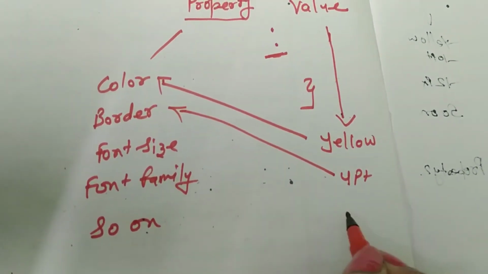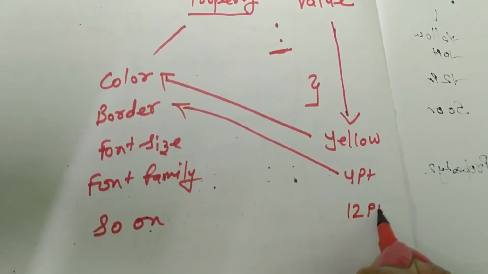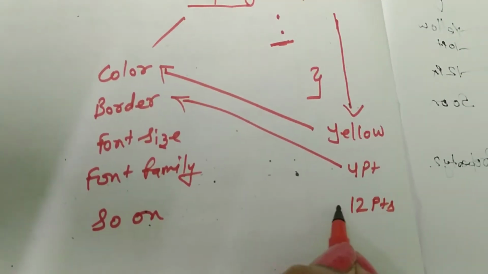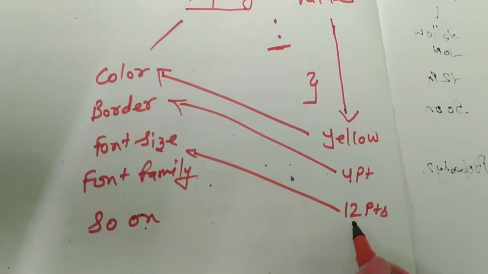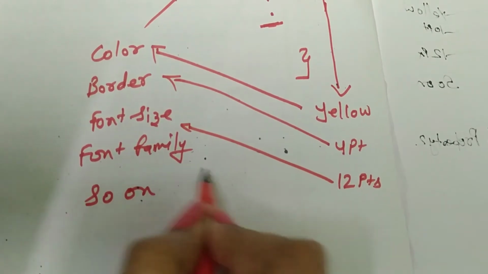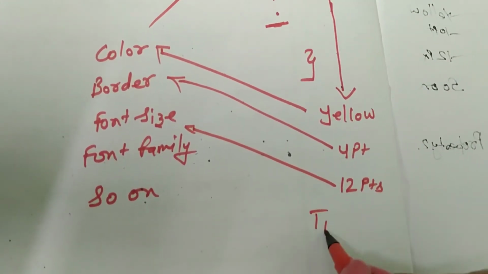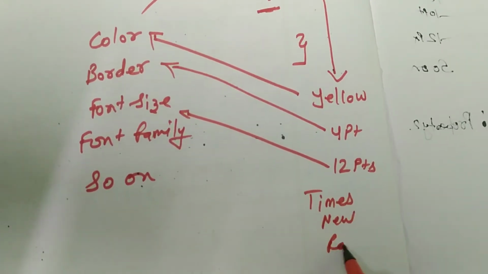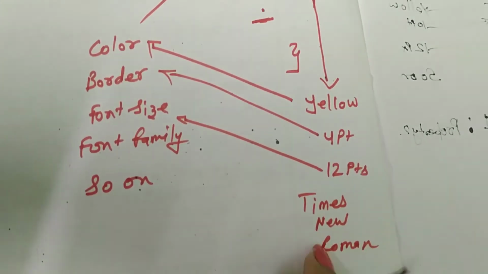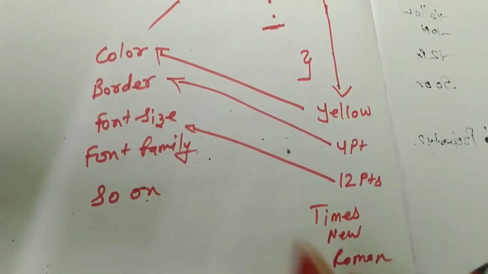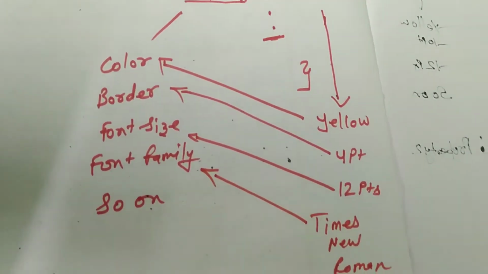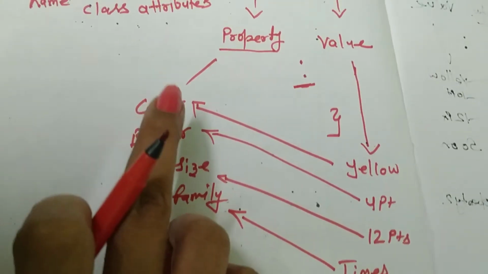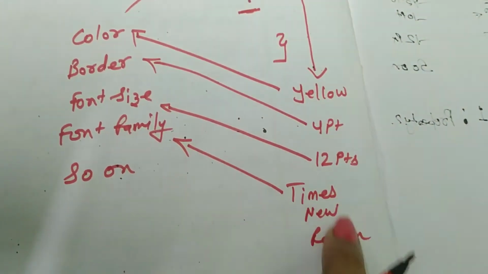And if I talk about 12 pt size, it means the font size property value is 12. Similarly, if I am talking about font family, Times New Roman is the name of the font family. This is the value for font family.